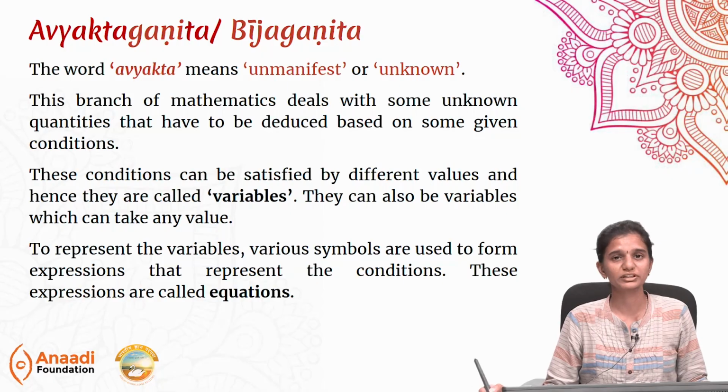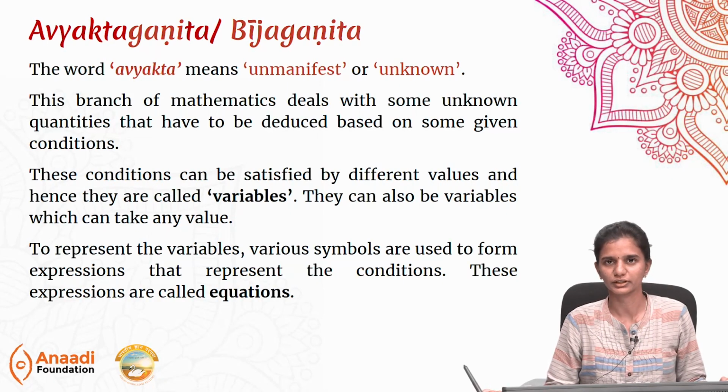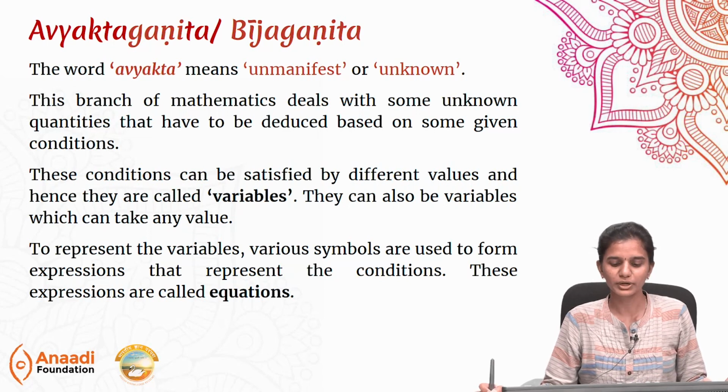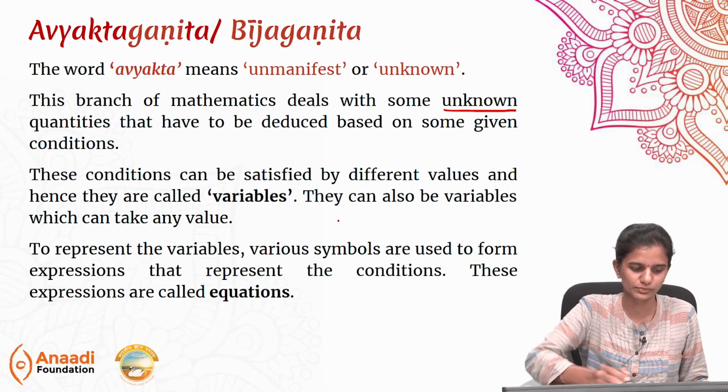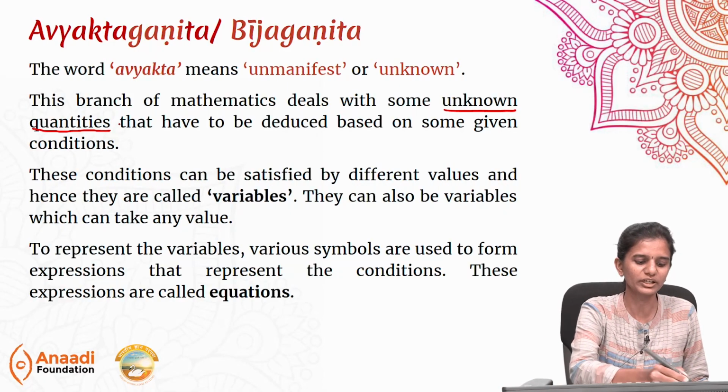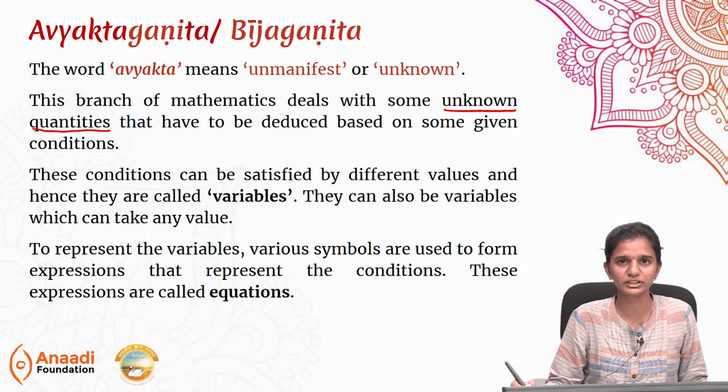Next is Avyakta Ganita. We saw that Vyakta means known, right? So, Avyakta means unknown or unmanifest. Avyakta Ganita is the branch of mathematics that deals with unknown quantities. Then how do we get the values of these unknown quantities?